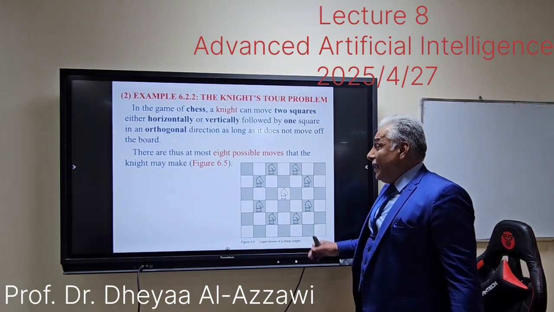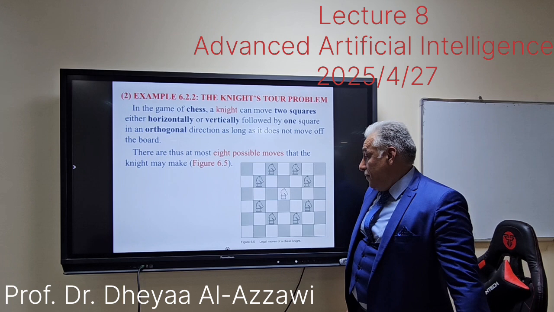Thus, there are at most 8 possible moves that the knight may make.